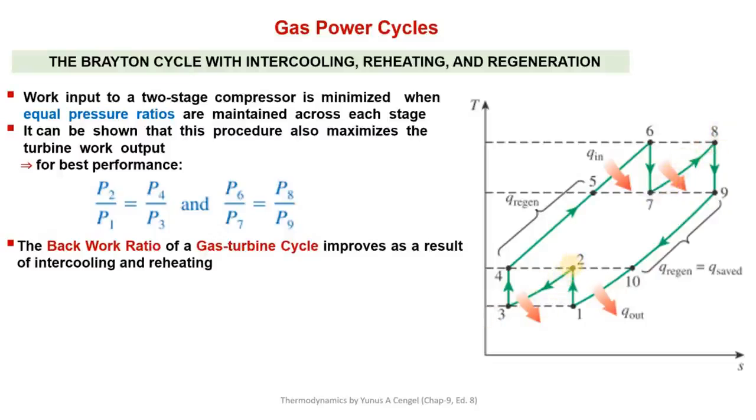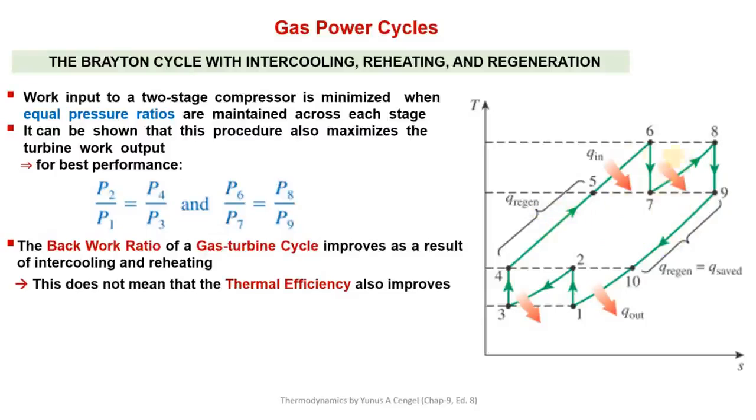During intercooling volume drops and work input to the compressor also drops, so that will improve the back work ratio. But it does not mean that with the help of intercooling or reheating the thermal efficiency will definitely improve. For a definite improvement in thermal efficiency, the process of regeneration must be there, because this is very important.